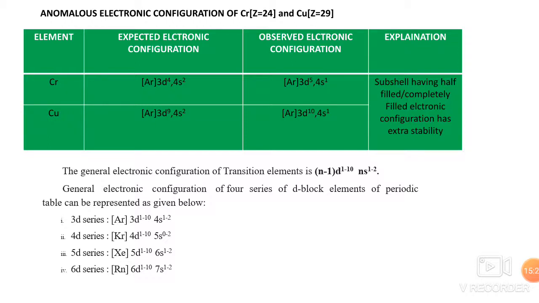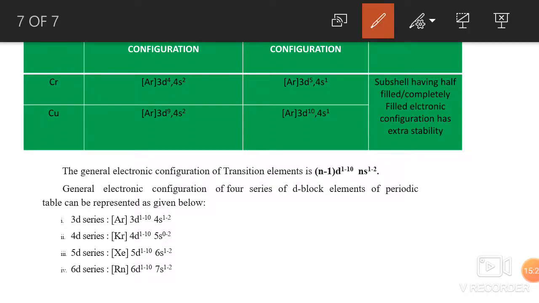So, in the case of chromium, to achieve 5 electrons in the 3d subshell, 1 electron from 4s gets promoted to the 3d subshell, and the observed electronic configuration becomes argon 3d5 4s1. By achieving 5 electrons in the 3d subshell, chromium achieves extra stability.